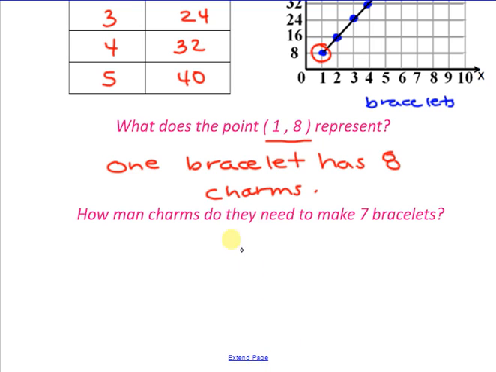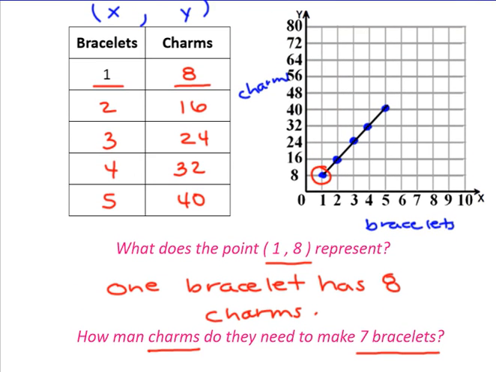We have another question. How many charms do they need to make 7 bracelets? So this is why labeling is important. So how many charms do we need for 7 bracelets? So we need the 7 bracelets line here.